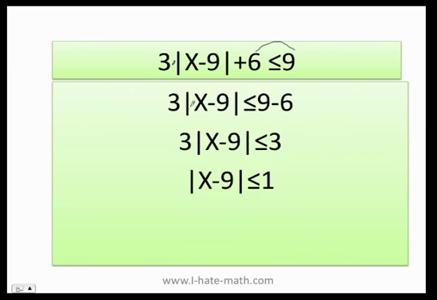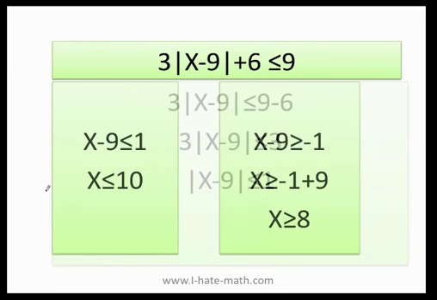So what you do is 3 absolute value of x minus 9 equals 3, and then you just divide by 3. Again, you cannot distribute that 3 because it's an absolute value and it is protected. So finally I get the absolute value of x minus 9 less or equal than 1. Perfect. Let's work with that.